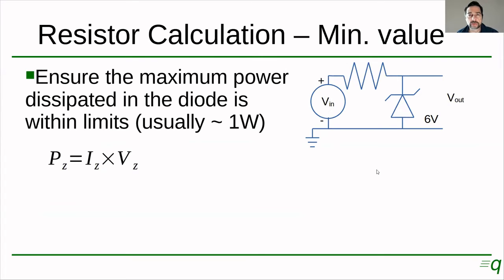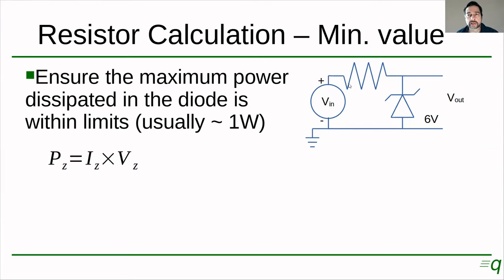Okay, so now that we know what we want to achieve here, let's try to calculate the resistor on a regulator. So the minimum value of the resistor is going to be limited by the maximum power that the Zener diode can dissipate. And for small diodes, this is typically around 1 watt, okay?